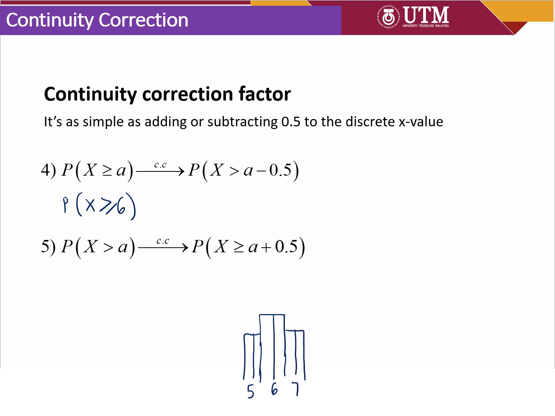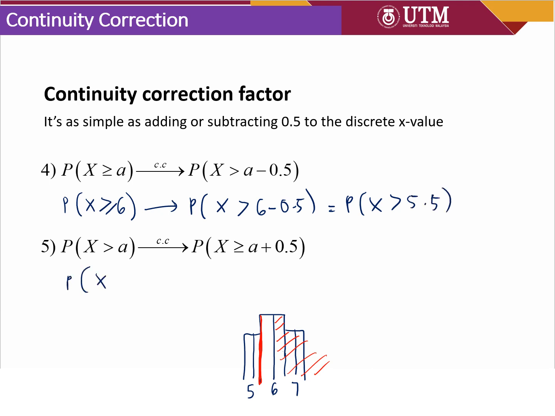Since x is greater than or equal to 6, meaning that this 6 is included, the interval part here will not be in the interval. So it will be x greater than 6 minus 0.5, so we'll start with the probability of x greater than 5.5.